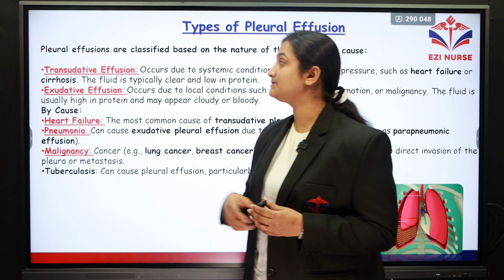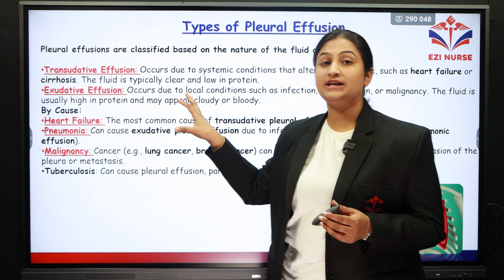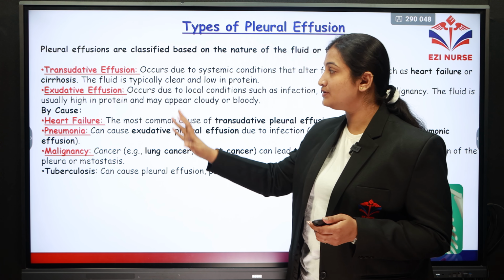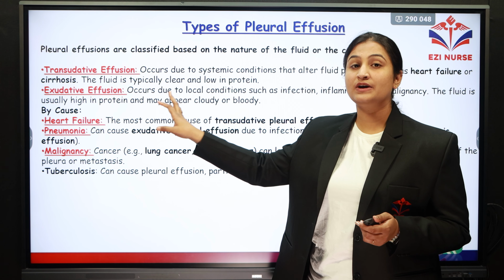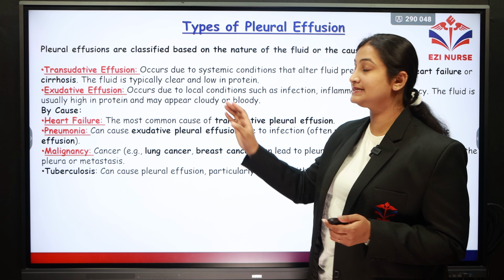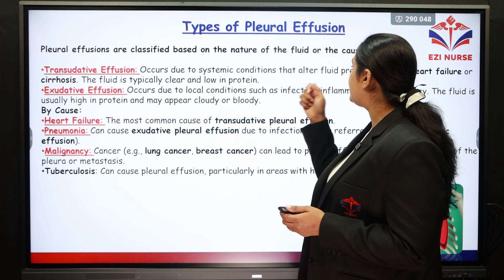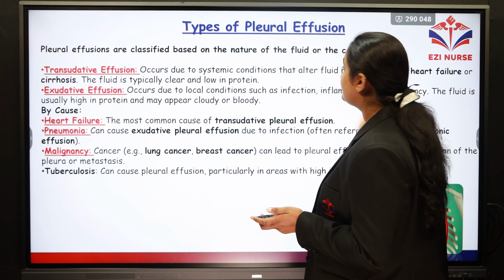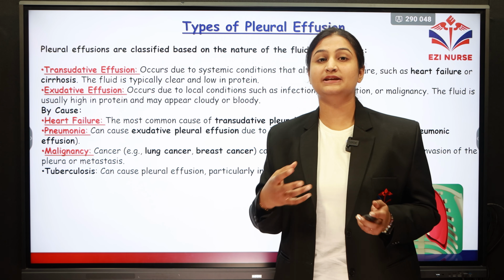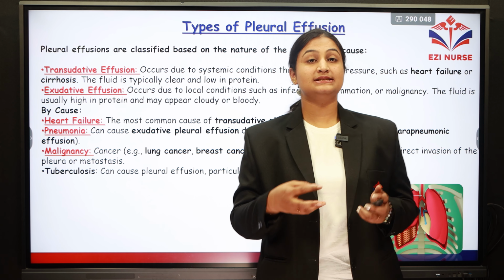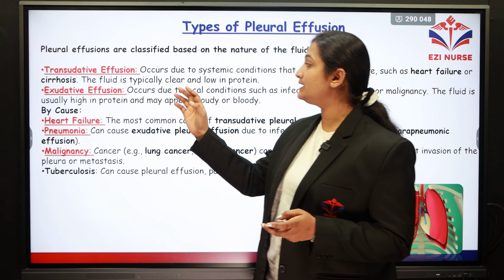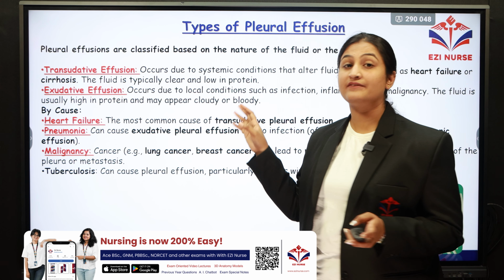Then coming to the types, there is a classification: transudative effusion and exudative effusion. Transudative effusion occurs due to systemic conditions, where there is an alteration in the fluid, such as heart failure, or sometimes even cirrhosis, wherein the fluid is typically clear and has low protein.